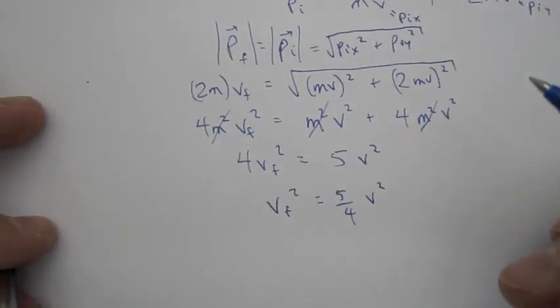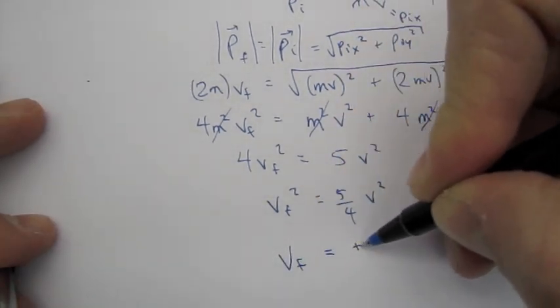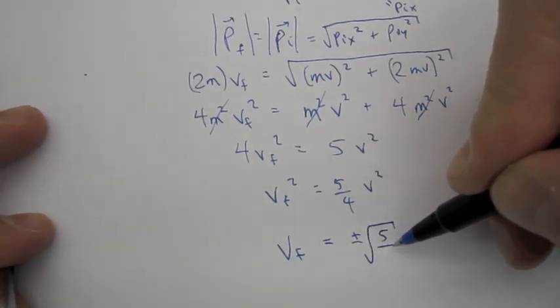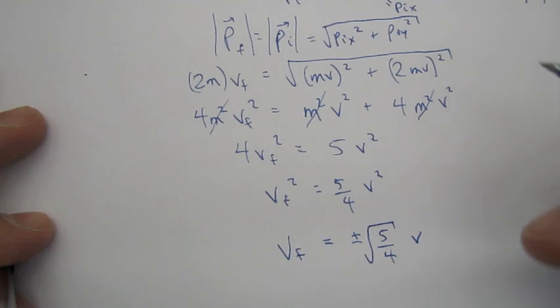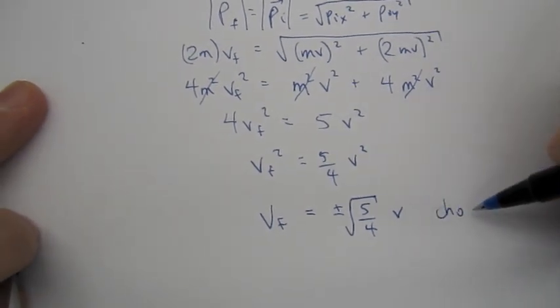And then I'll take the square root of both sides, and we'll say v final is equal to plus or minus the square root of 5 divided by 4 times v. And since these are speeds, we'll choose the positive solution.